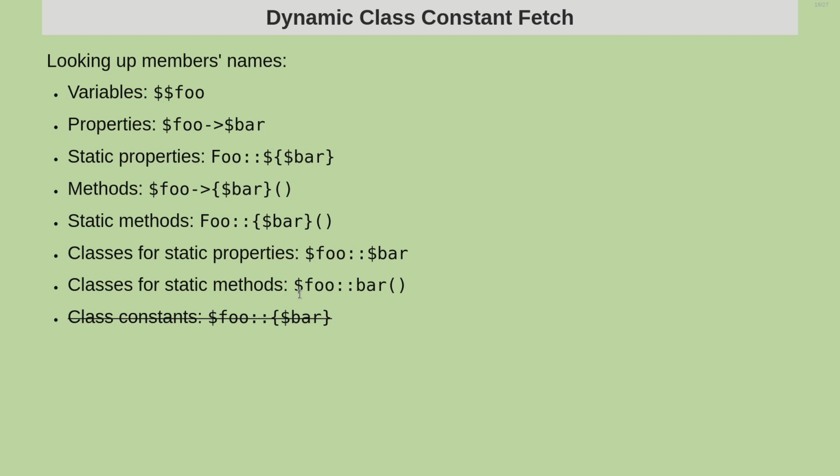PHP supported that for basically all of its different element types, but it wouldn't do it for class constants. Why not? Well, maybe because nobody's ever thought about adding that to the language. It's an old language. It has grown on us and grown with us, but it also means that sometimes there are just weird things in it, which we are slowly but surely trying to clean up to make it a lot better.